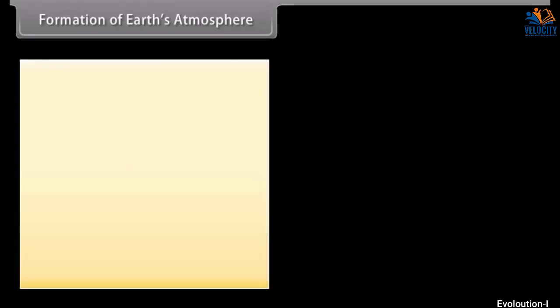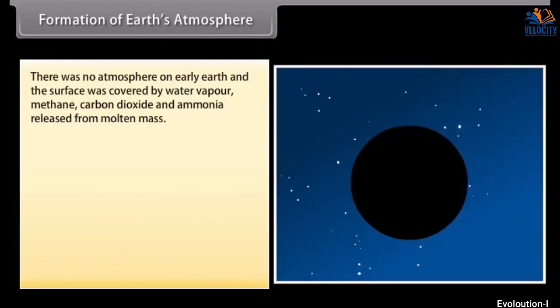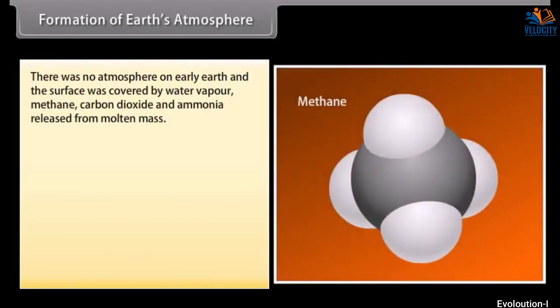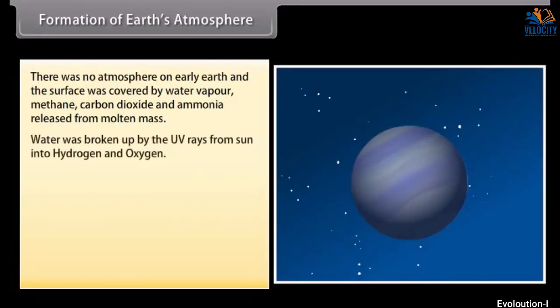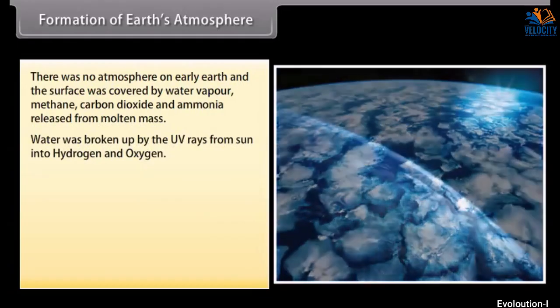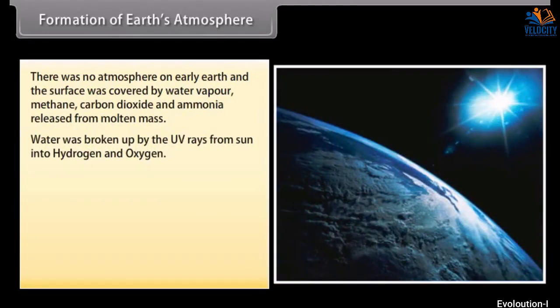Formation of Earth's atmosphere. There was no atmosphere on early Earth. The surface of Earth was covered by water vapor, methane, carbon dioxide, and ammonia released from molten mass. Water was broken up by the UV rays from the sun into hydrogen and oxygen.